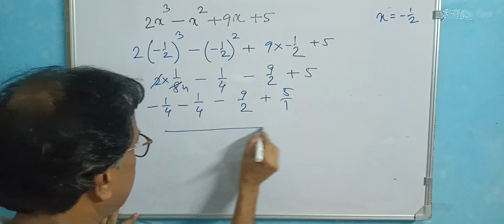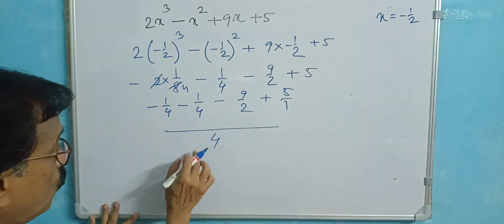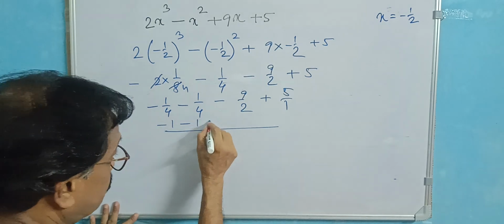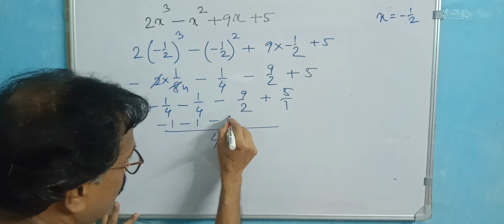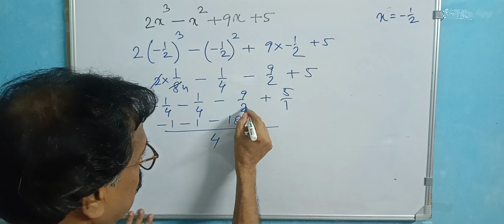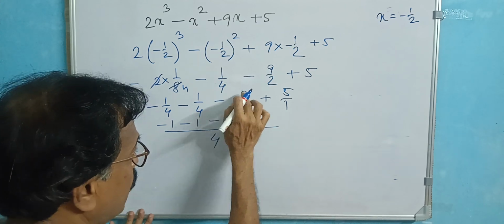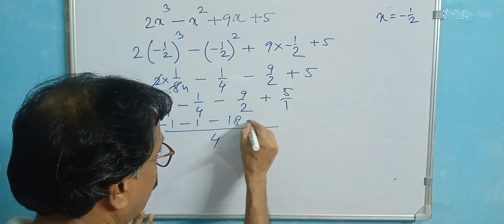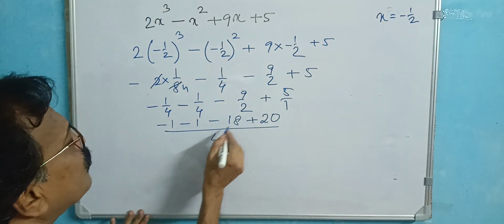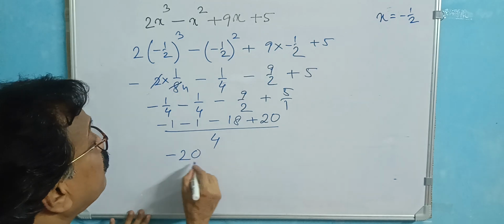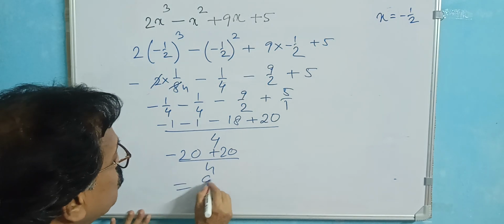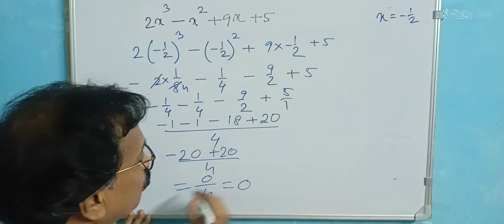You just take the LCM, 4 is the LCM. This is minus 1, also minus 1, 9 twos are 18, and 4 fives are 20. Now minus 1 minus 1 minus 18 is minus 20, plus 20 by 4, that is actually 0 by 4. Oh, you get 0.